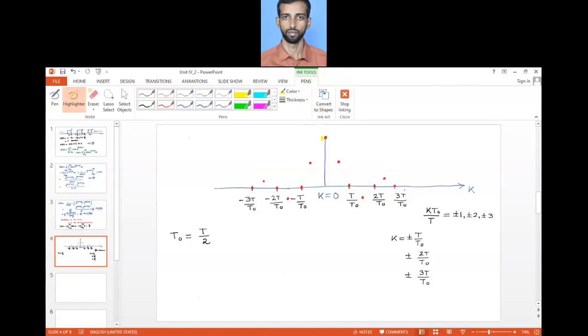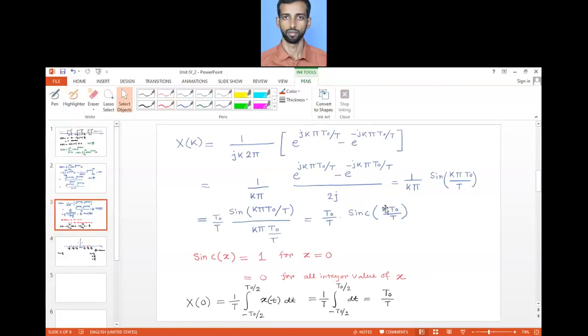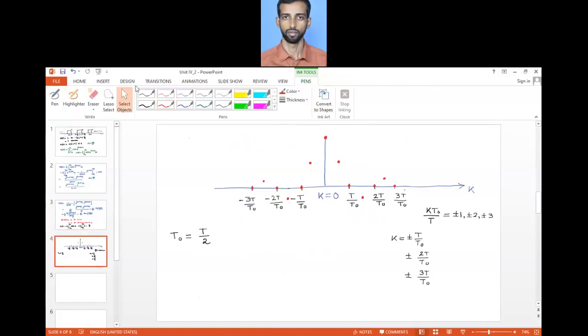Here you have this value, and this value is given by T naught by T, because this is T naught by T multiplied with the sinc function. So this value should be T naught by T, and accordingly you have the intermediate values. So this is the Fourier series representation of this kind of signal.